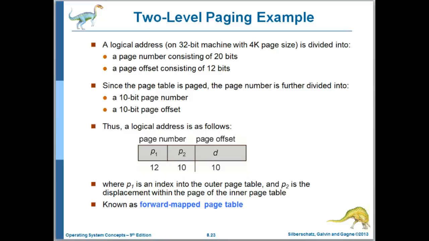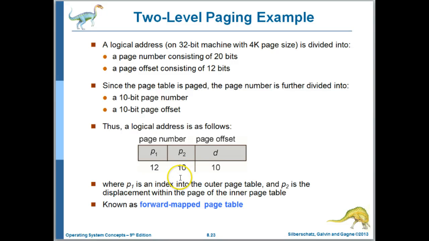And remember, the reason we want the inner page table to fit into a 4K page is so that we can page the page table. So the outer page table then will point to the individual inner page tables, allowing them to be distributed throughout memory.